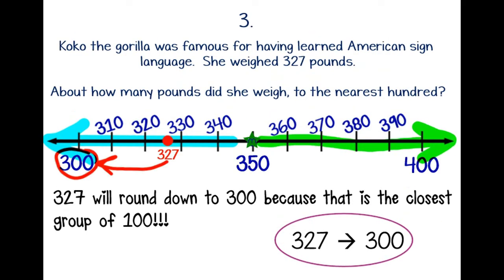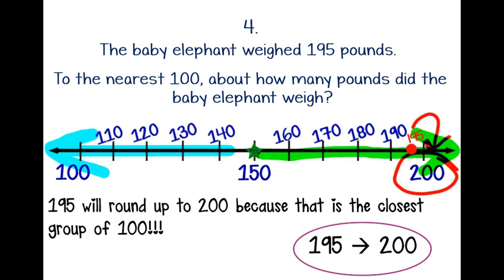Number 3, 327 will round down to 300. And number 4, 195 will round up to 200.